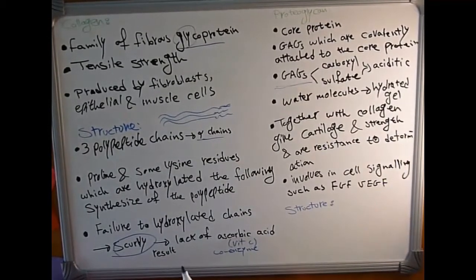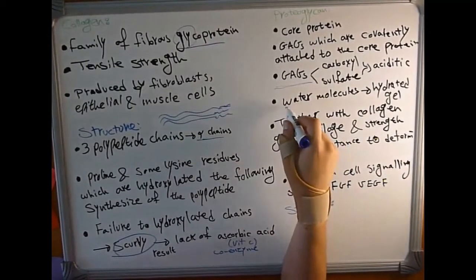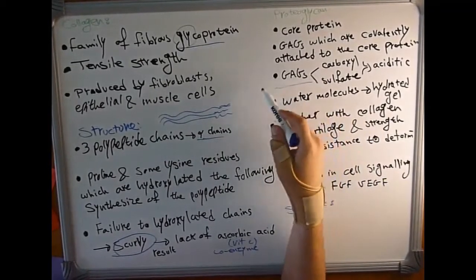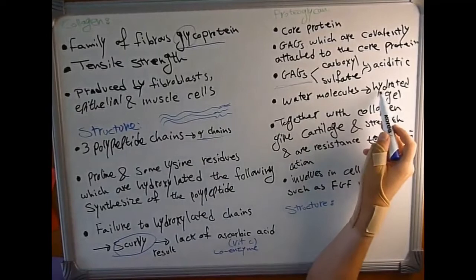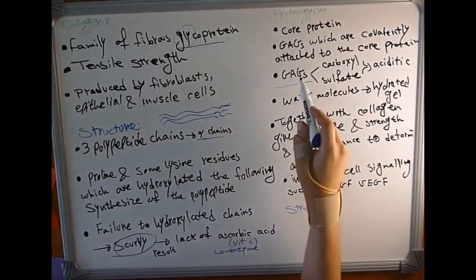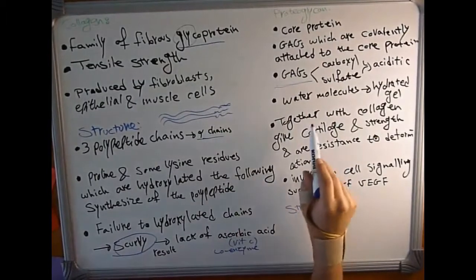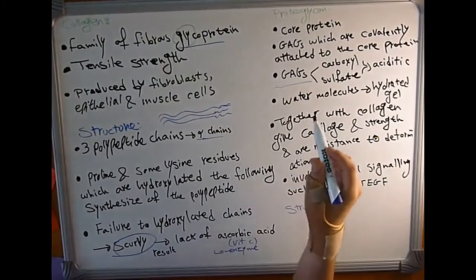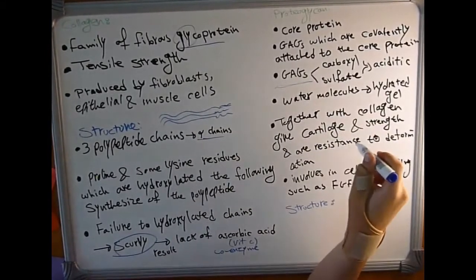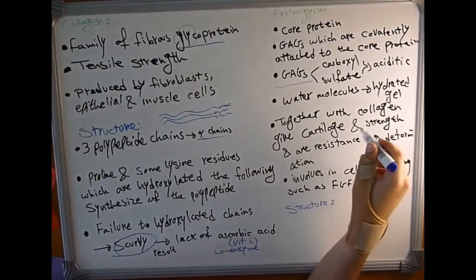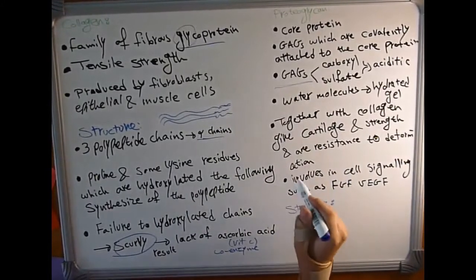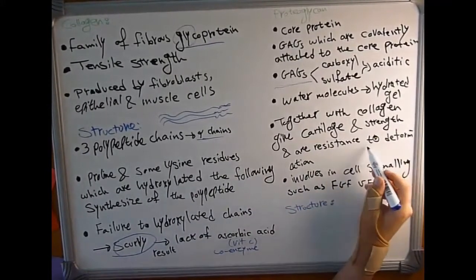For example, water molecules can bind to these glycosaminoglycans and form a hydrated gel, which makes the proteoglycan together with collagen give cartilage its strength, and also makes them resistant to deformation.